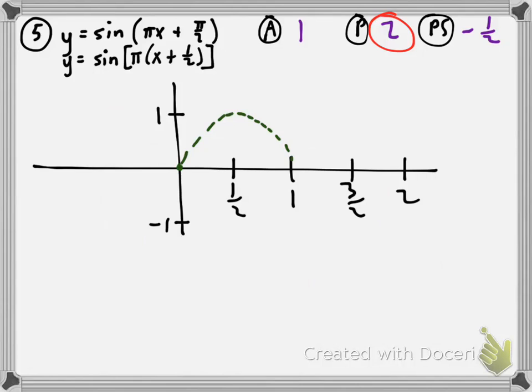Oh no, it didn't go very well. Go right down here through 1, 0, and then go down here. And that wasn't great, but nevertheless, there's our sine of pi x. Now we're going to move this to the left 1/2 unit.